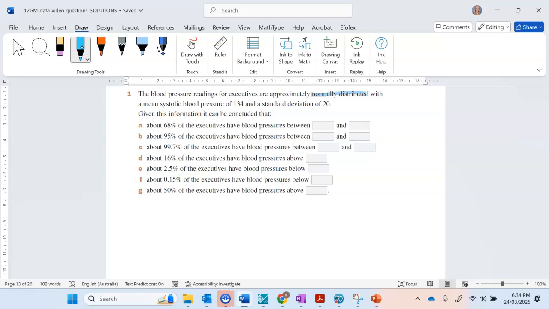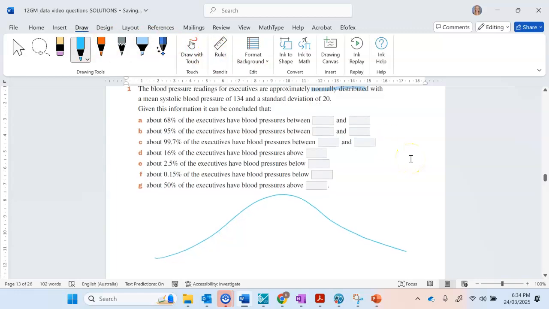All right, so normal distribution, I would straight away draw the curve. It doesn't have to be perfect, we're not in an art class, but you do want it to be not tiny. You don't want to do this because we've got to write numbers down here. So if it's too small, you're not going to be able to write your numbers. So use your page, all right? Make sure you've given yourself enough space.